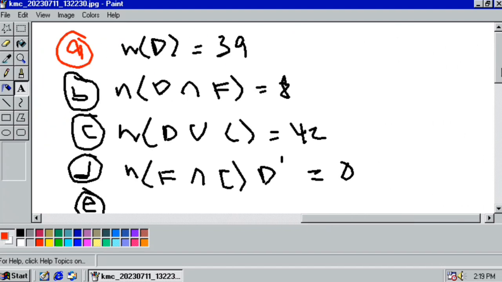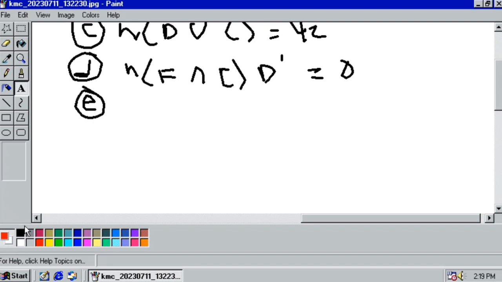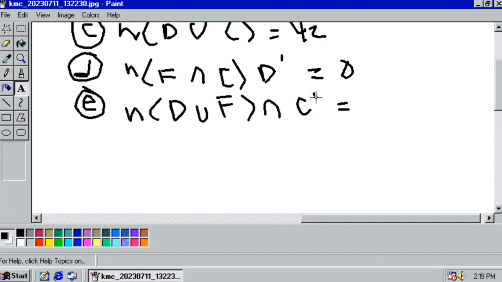So when we write it down, it will look like this. The number of dogs union fish, and we're gonna have the intersection of the complement of cats, since it says but not cats, so it will be 32.